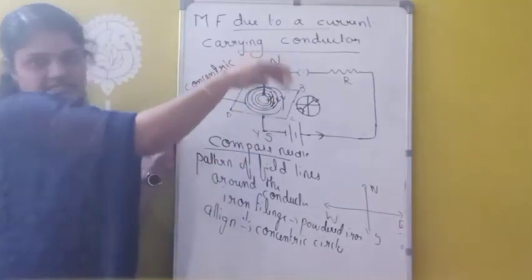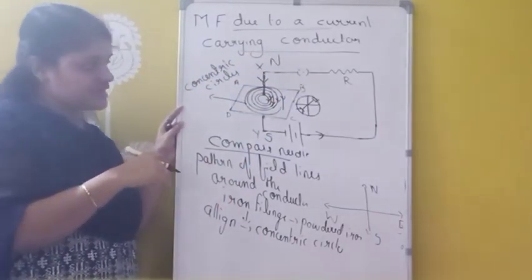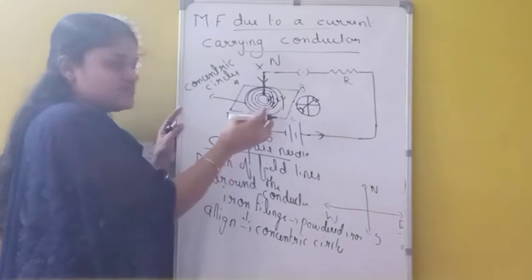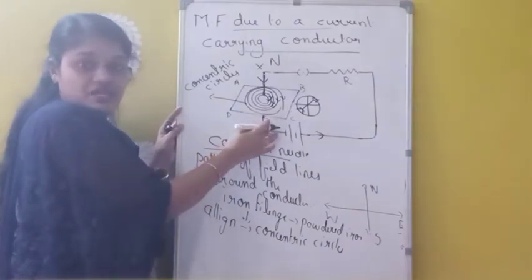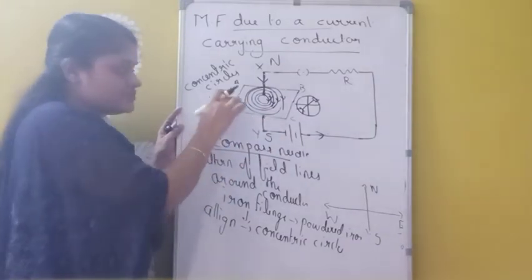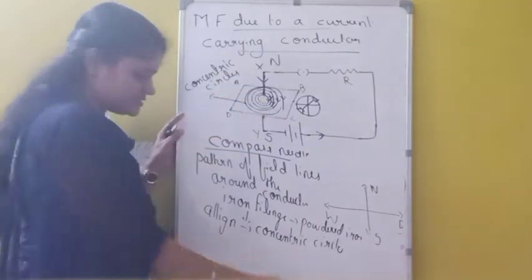Okay. So whenever we are changing the direction of current, what will happen to the magnetic field? The direction of the magnetic field will also change. So the magnetic field depends on some factors.